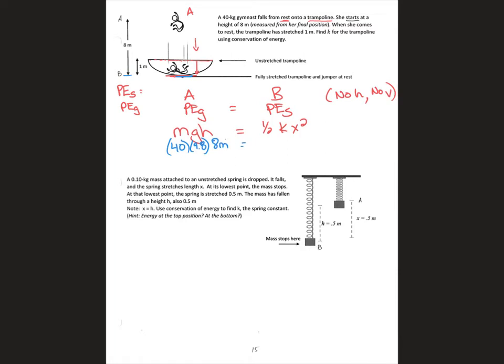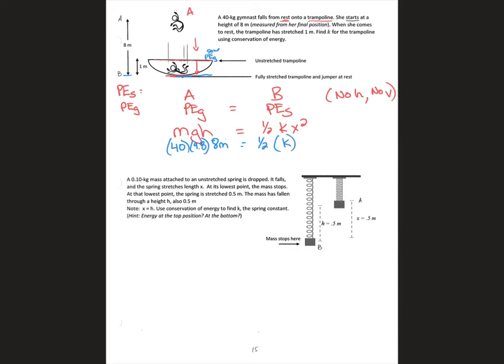It's 7 meters until her body hits the trampoline, but then 1 meter of stretching it. But she still has some potential energy when she's at the surface, right? By the time she gets to the bottom, she has zero potential energy due to gravity. A little bit more complicated. And the K value is what we don't know.